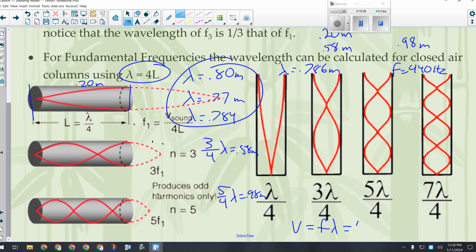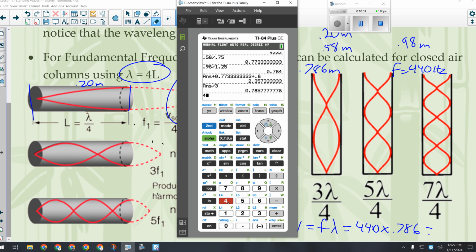So f, 440, not 400, times 0.786. It's not too bad. 345 meters per second is the speed of sound in air in this room.